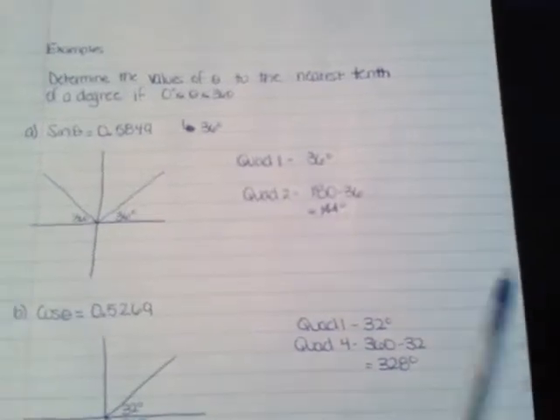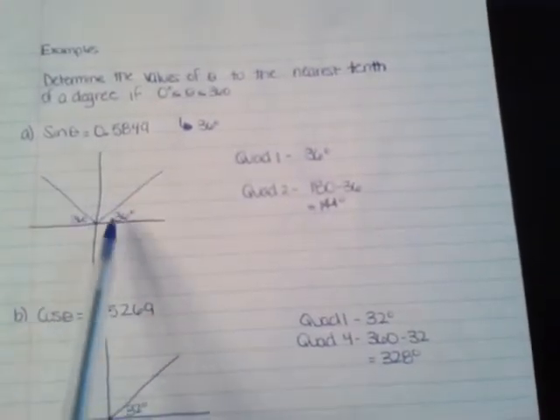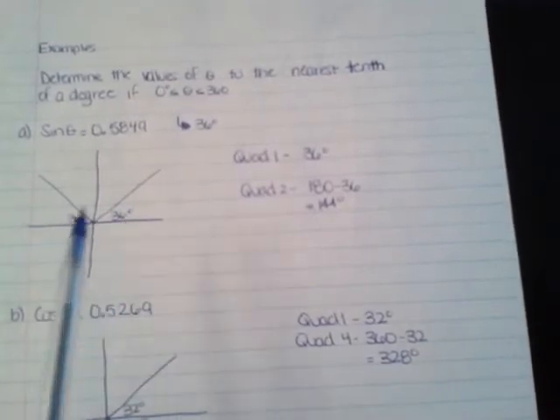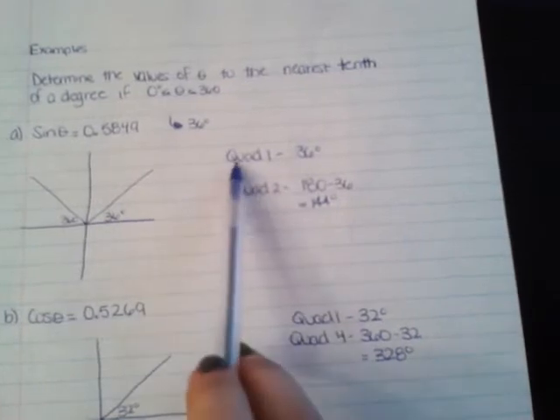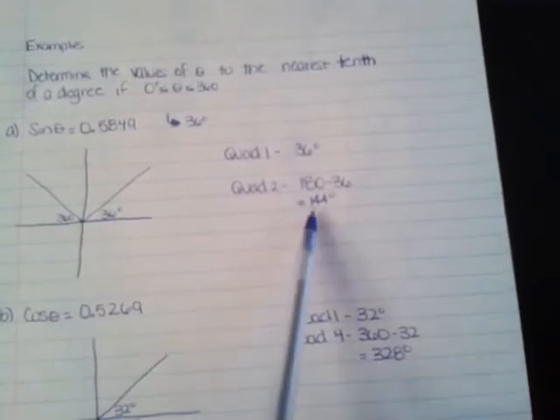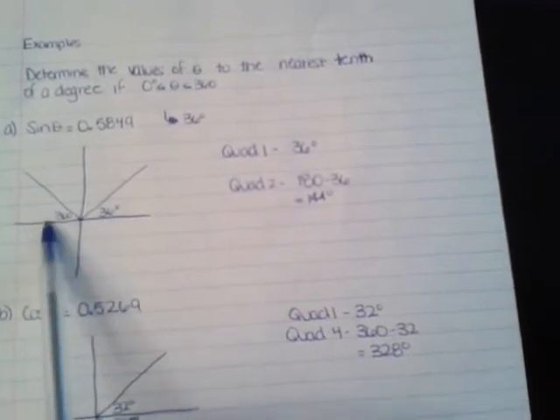So that's why I drew my terminal arm in the first quadrant and the second quadrant. And that's my theta r, my related angle, so you write that there, and then you apply the formulas to it. So for quadrant 1, it's just the angle, so 36 degrees. In quadrant 2, it's 180 degrees minus 36 degrees, which is 144 degrees. So the two angles are 36 degrees and 144 degrees.